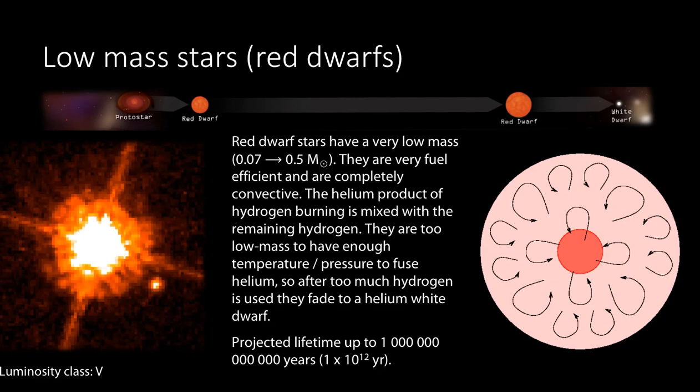So these two properties taken together mean that red dwarfs have exceptionally long lifetimes on the main sequence. For a very low mass star, say 20% of the Sun's mass, it has a projected lifetime of about 1 trillion years. 1 times 10 to the 12 years.